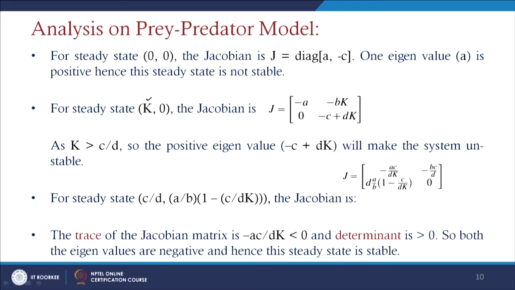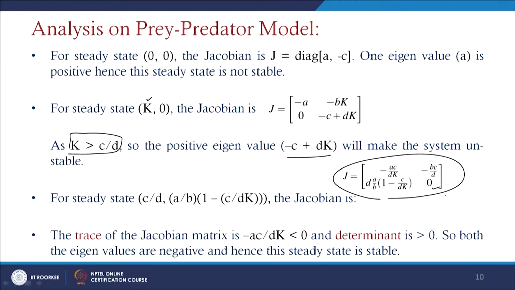If the maximum carrying capacity is greater than the rate of decline of the predator population in the absence of prey, then the positive eigenvalue minus c plus dk makes the system unstable. For the steady state c by d, a by b into 1 minus c by dk, the Jacobian is minus ac by dk, minus bc by d, and d into a by b into 1 minus c by dk, and the last value is 0.